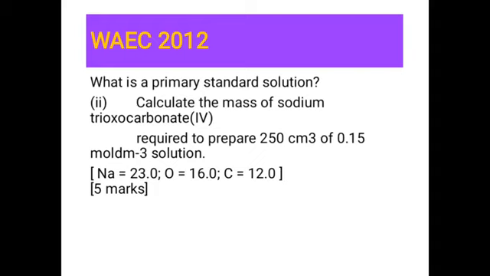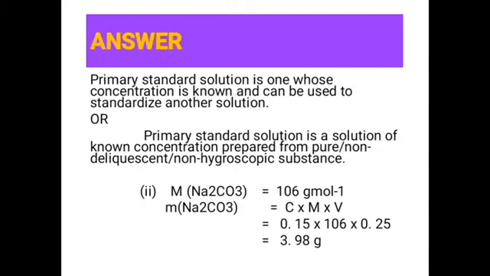Then by getting your n, you can get your mass by multiplying by the molar mass, 106. Then you get the mass. If you don't want to do it that way, since n is equal to concentration times volume, and n is also equal to mass over molar mass, then mathematically mass over molar mass is equal to C times V. Therefore mass is equal to C times V times molar mass.